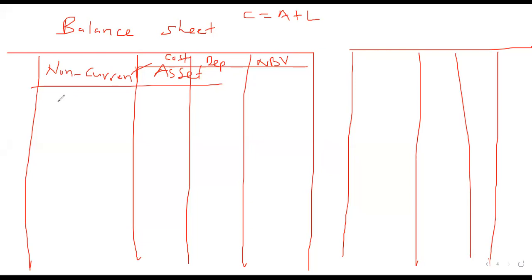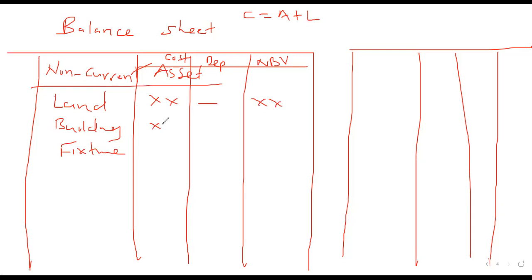So under non-current assets, what examples do we know? Property, plant and equipment: land, buildings, fixtures and fittings. In here, the cost value, you put it here. Land usually doesn't have depreciation.